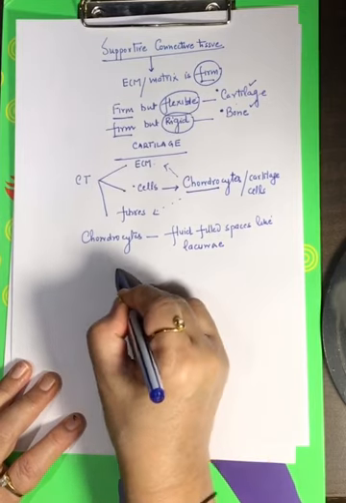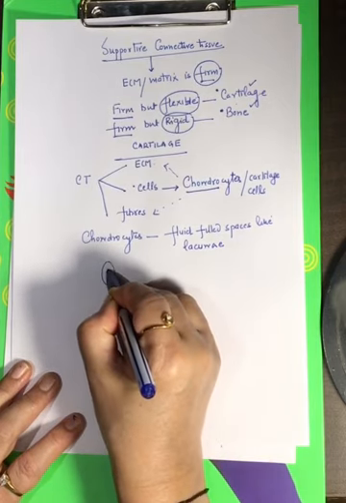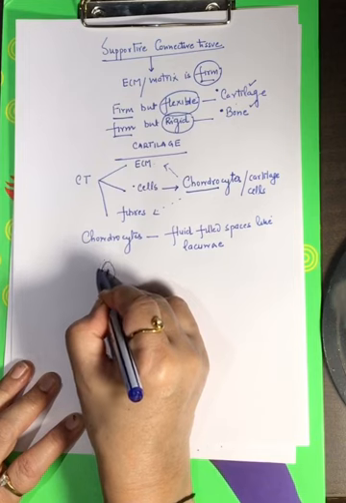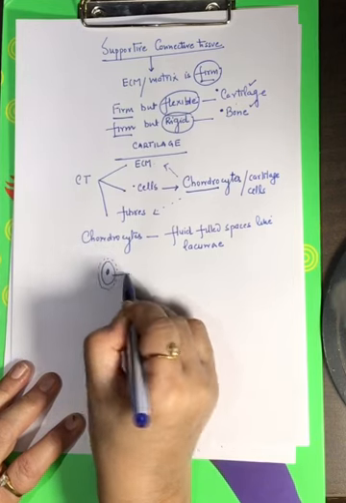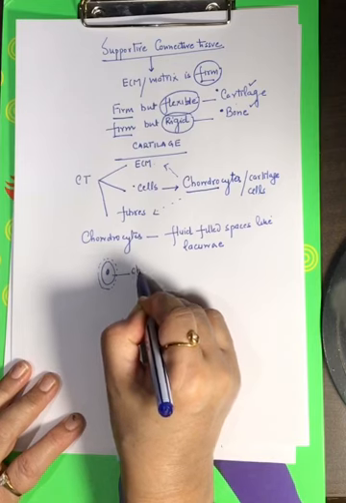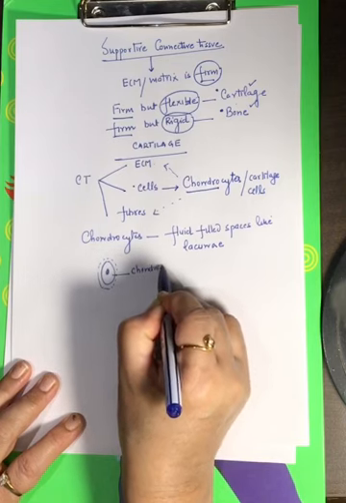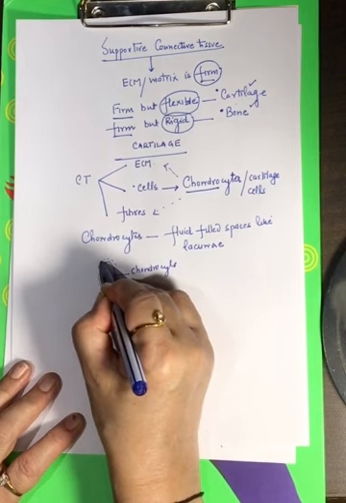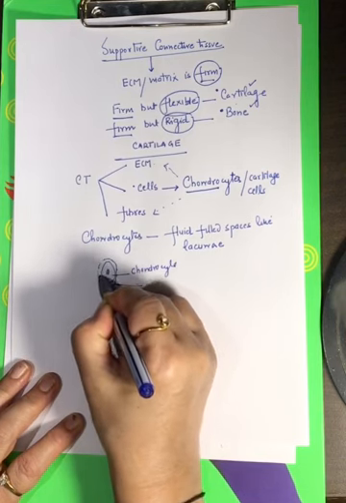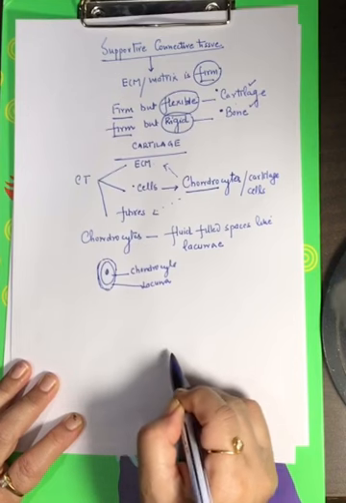If I draw a chondrocyte, it is present in a fluid-filled space. This is my chondrocyte, and this is the fluid-filled space surrounding it. This fluid-filled space is called lacuna. Lacunae is plural.